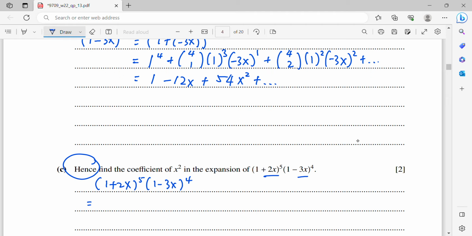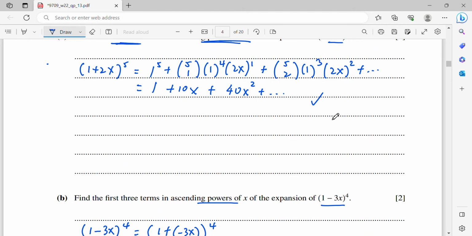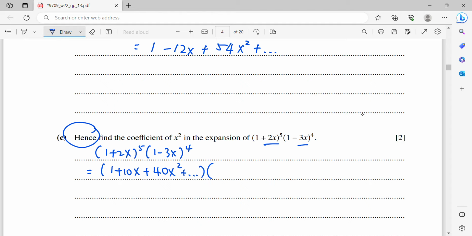Because of the hence, now I need to rewrite the expansions that I found from A and B. The first expansion has three terms, 1 plus 10x plus 40x squared, multiplied with (1 - 3x)^4, which are these three terms: 1 minus 12x plus 54x squared, then plus dot dot dot.